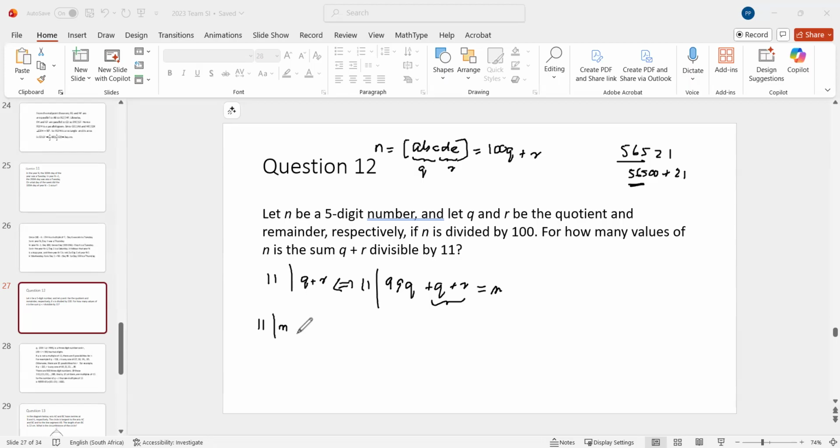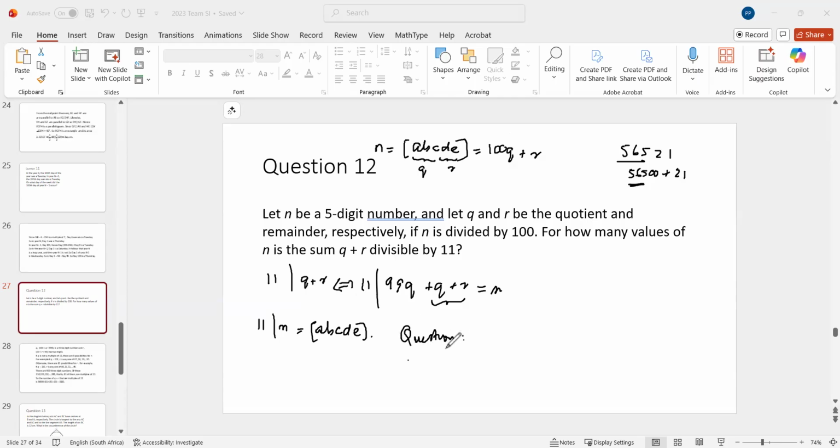So we want to know for how many values of n this is true. And what is n? N is a 5-digit number. So the question can be translated as follows.